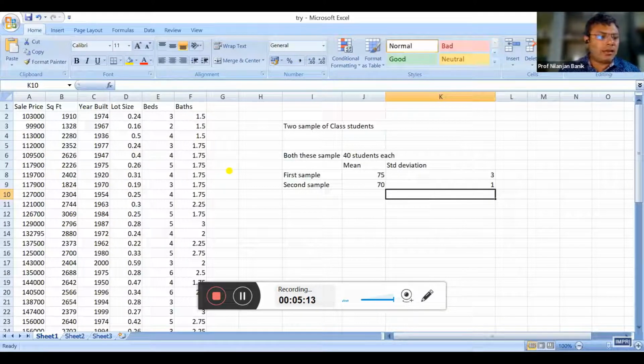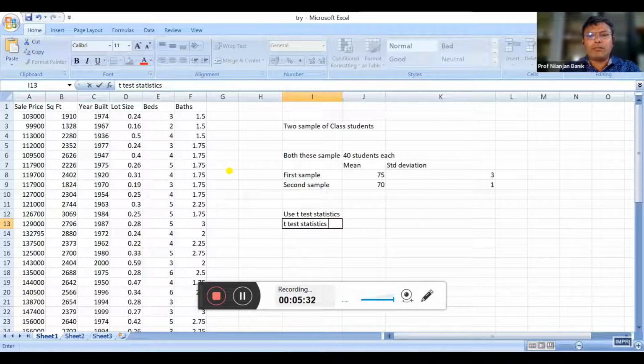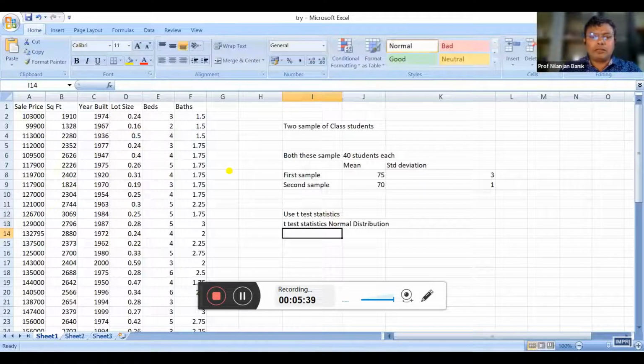We said that we typically use t-test statistics, right? We also said that the t-test statistics and the normal distribution are kind of the same thing, provided your number of observations is greater than 35 or around 35.